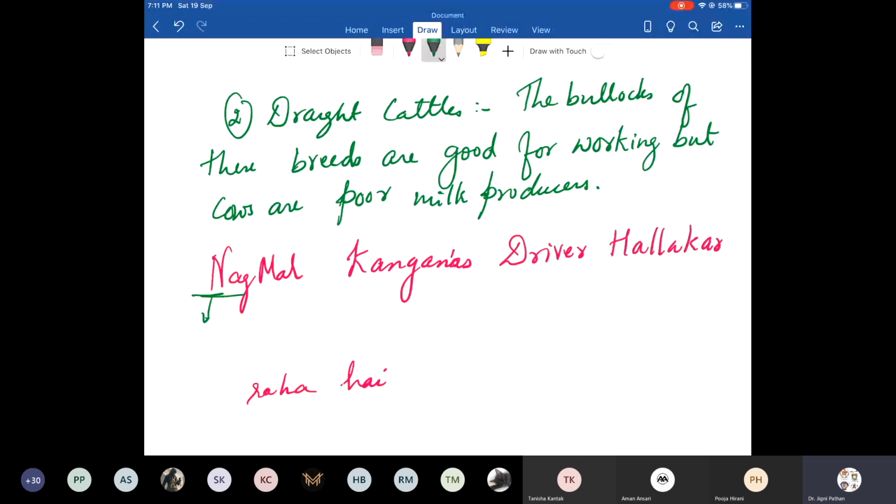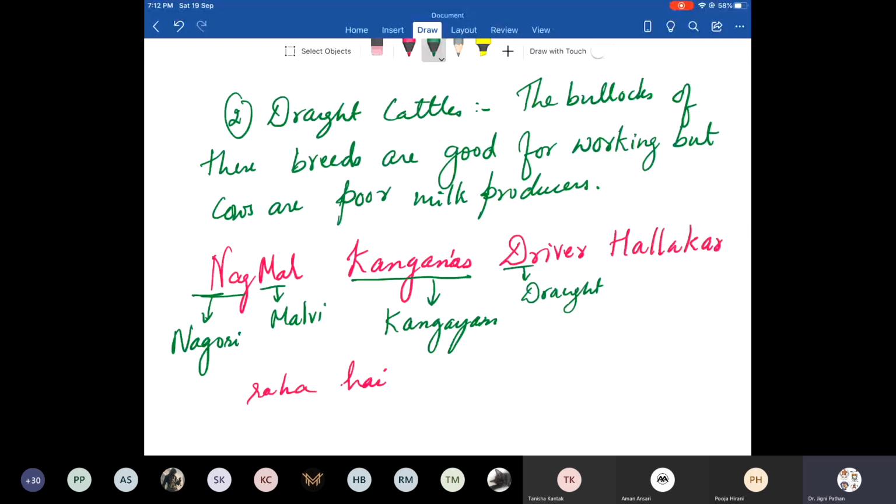Nag is for Nagori. Mal is for Malvi. Kangana is for Kangayam. D is for draught, we are talking about draught breeds. Hal is for Hallikar. These are the breed names.